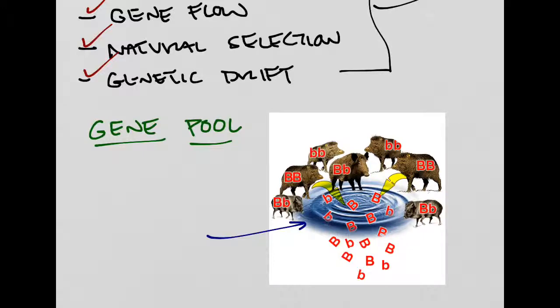So the gene pool is the collection of genes associated with a population to which organisms in that population have access. Now, you never have complete access to all the genes in the gene pool. A population has a gene pool, but any individual will only have a subset of that gene pool, and that subset comes from their mom and their dad.